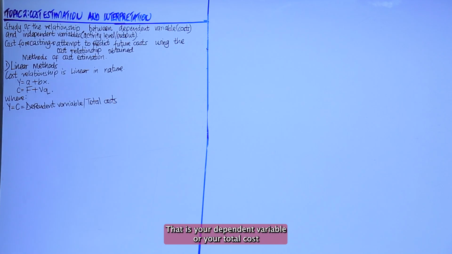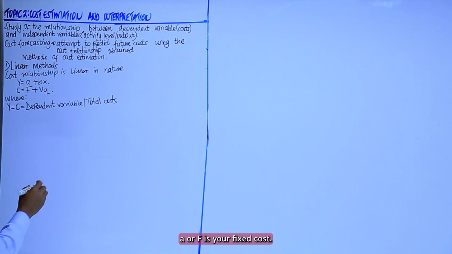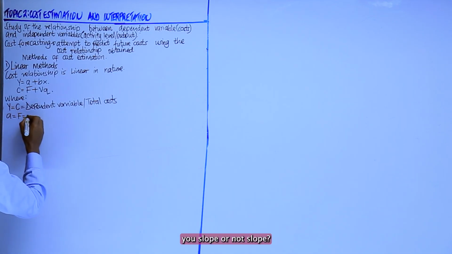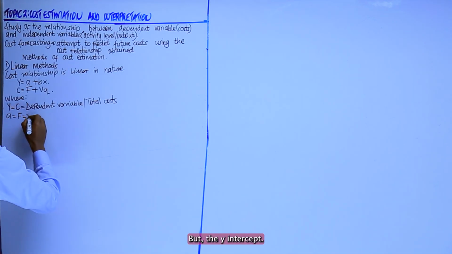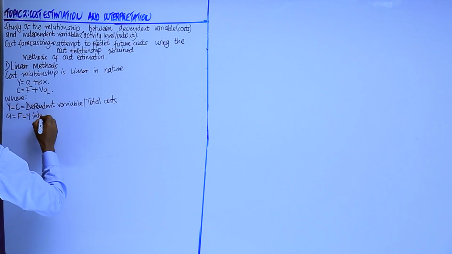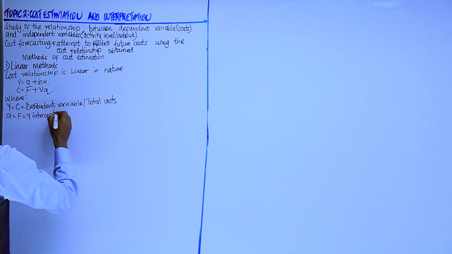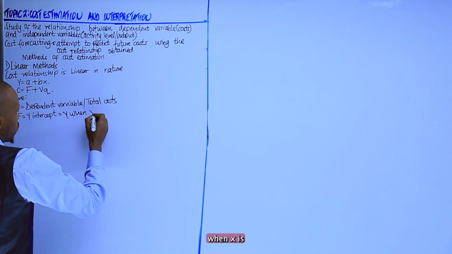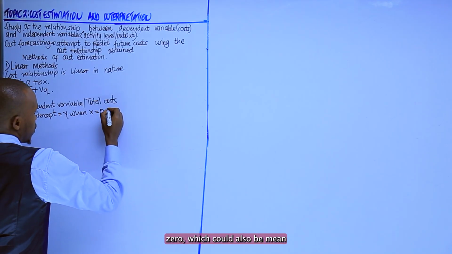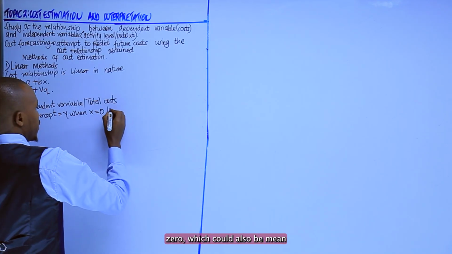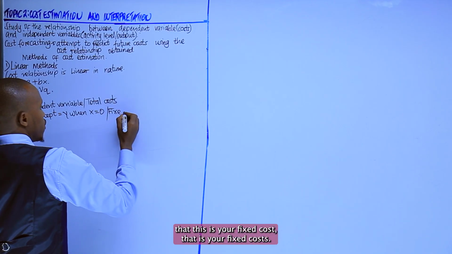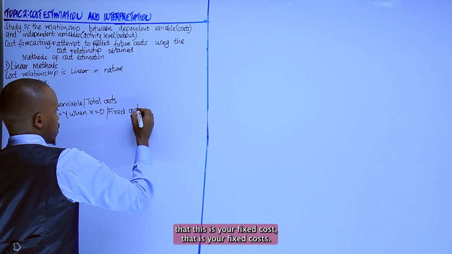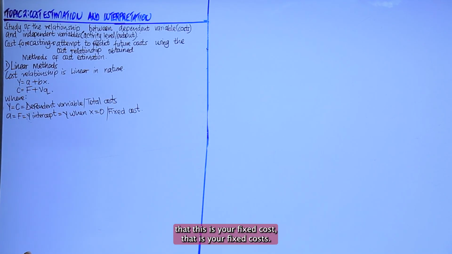A or F is your fixed cost, which is the y-intercept, the value of y when x is 0. That is your fixed costs.